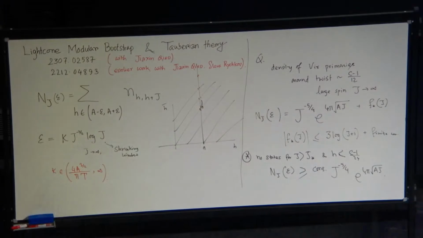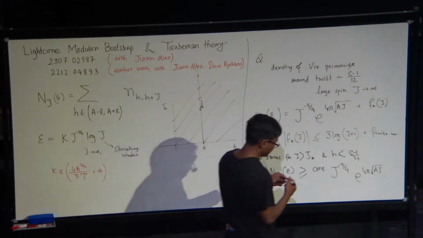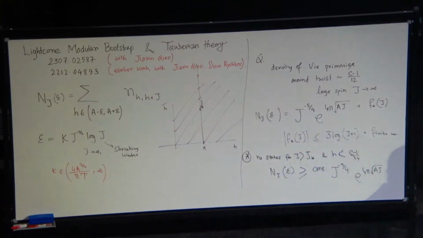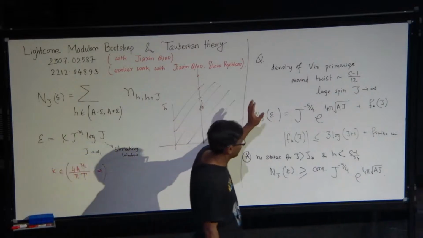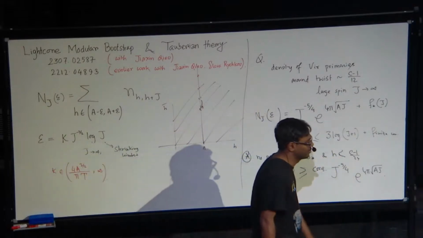Okay, so this concludes our results. Now, in the rest of the time, I'm going to state the main theorems we prove, and basically as a corollary of those two main theorems, this result follows.